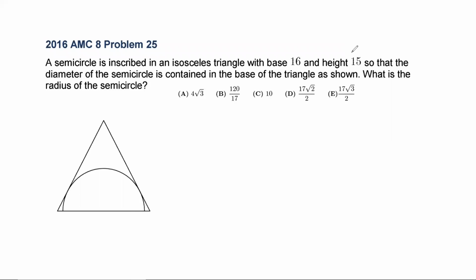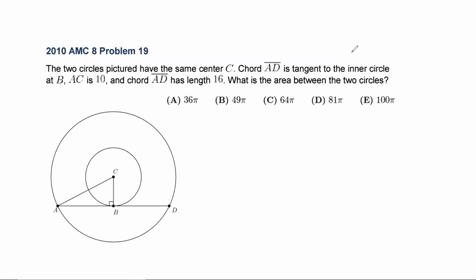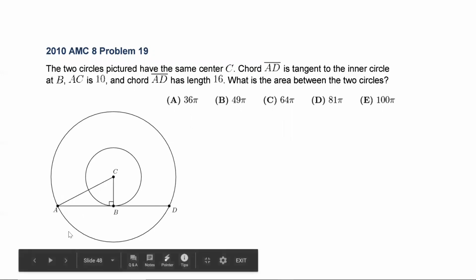Okay, so they tell us that the diameter of the semicircle is on the base, which means that the center of the semicircle must be the midpoint of the base. Oh, sorry, we just went back one. Okay, there we go.